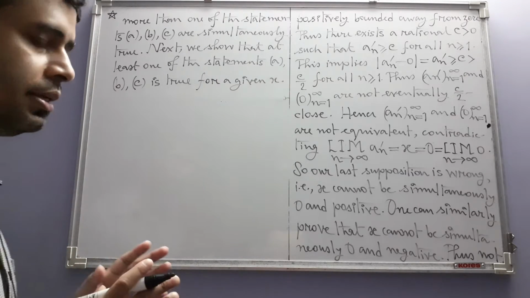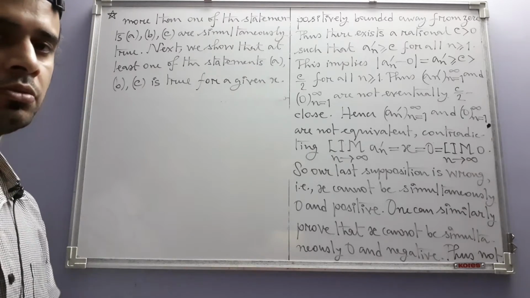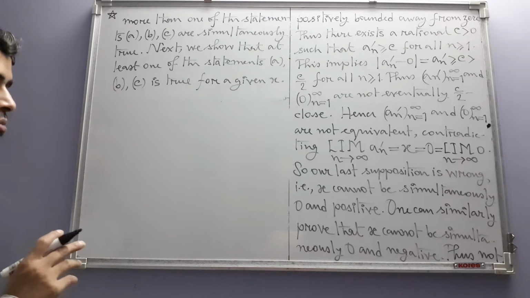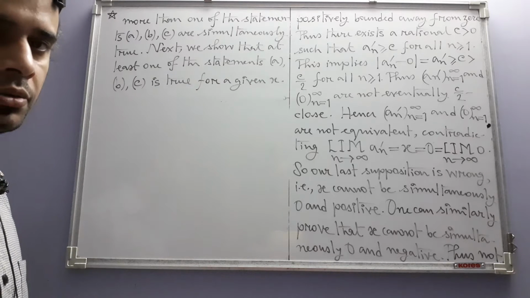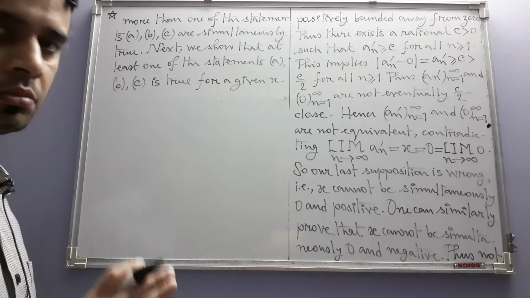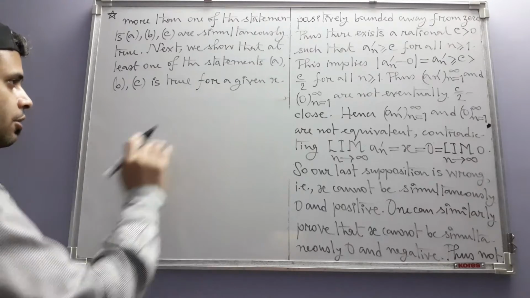If x is 0, then certainly one of these statements is true, which is x is 0. So we start by assuming that x is non-zero, and then we will try to show that x will then either be positive or negative, and that will get the job done.